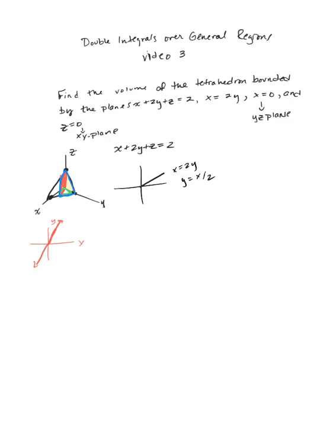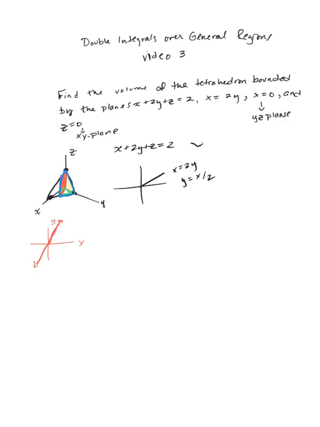Where I'm getting that from is that the reason x plus 2y is going to equal 2 is because z is equal to 0.